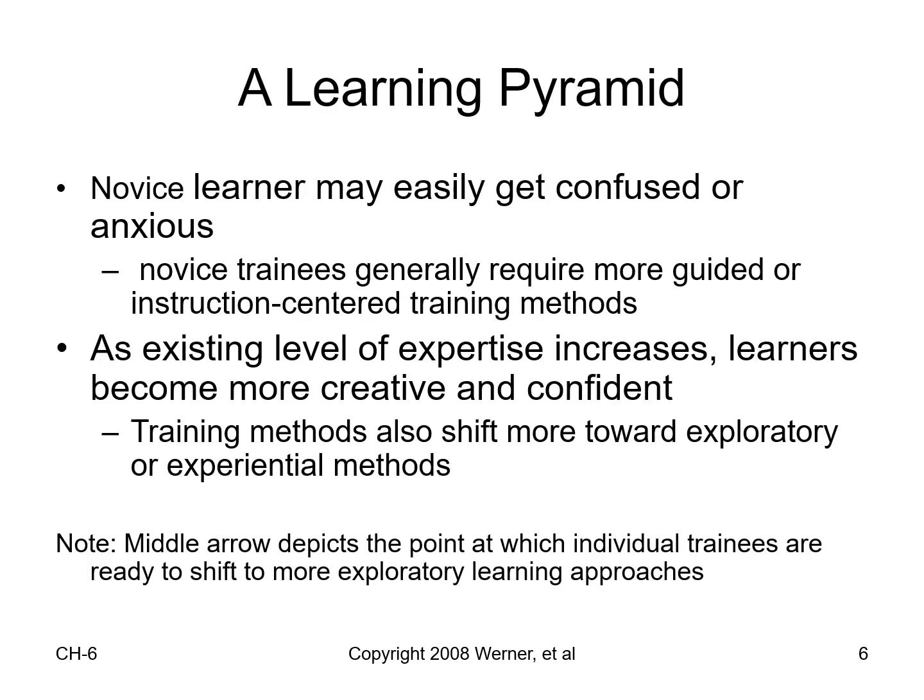Now, an interesting tool that will help us determine which training methods are more suitable for our trainees, based on their level of experience and expertise, is called the learning pyramid. What this tells us is that novice learners, meaning new learners, those who do not possess a lot of expertise, will typically get more confused than those with more experience, as you can imagine.